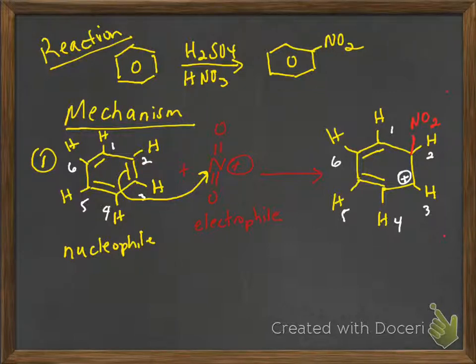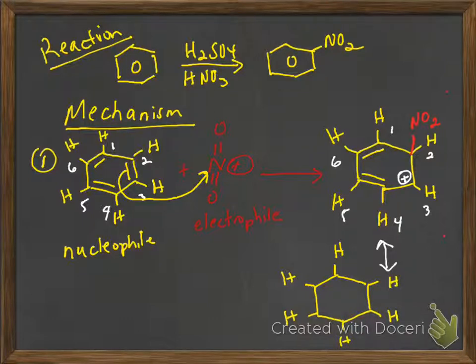Now you're going to be required to draw resonance structures, so let's go ahead and draw a resonance arrow here, and we're going to have to show how that positive charge, and again the word we use, I'm going to erase that because I don't want to use it, I'm going to go back to using the yellow that I started using before. We have to have resonance structures, and we're going to delocalize, which means we're going to be moving that positive ion around to show how very stable it is, because that charge doesn't have to stay on carbon 3.